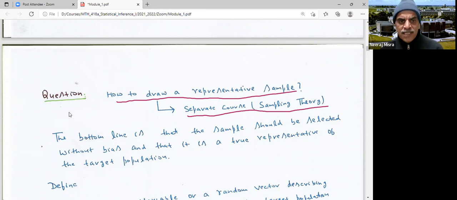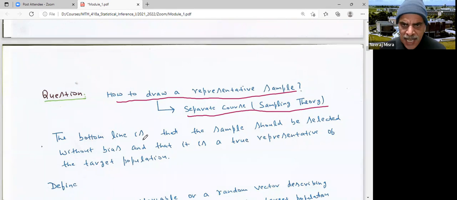The most common one is the simple random sample. And then you have stratified random samples, systematic random samples. Each of these sampling schemes has advantages over the others in specific situations. You cannot say that in all situations one is uniformly better than the other. But the most commonly used sample is the simple random sample.